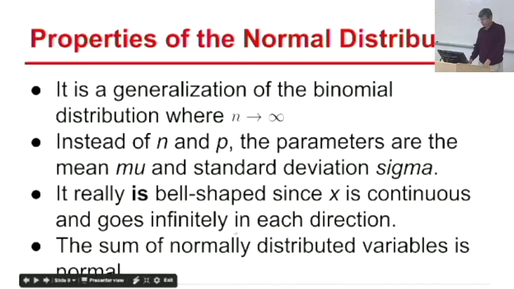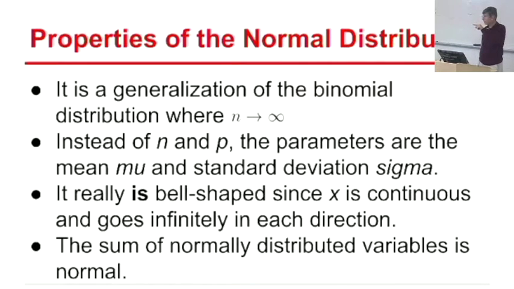Now, the other thing that is interesting is that the sum of normally distributed random variables is normal. If you have a bunch of random variables, each of which is normal, the sum of them will also be normally distributed. So if we figure that each of your homework grades in this class were normally distributed, and I compute your average by summing them up, that would also be normally distributed.